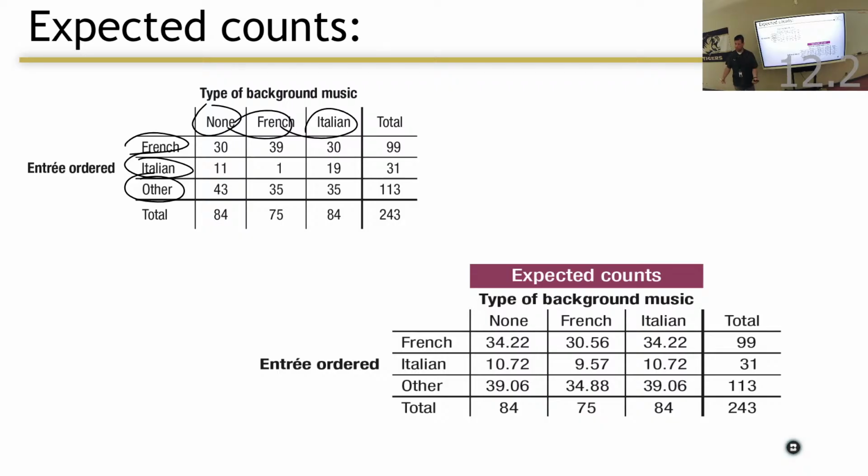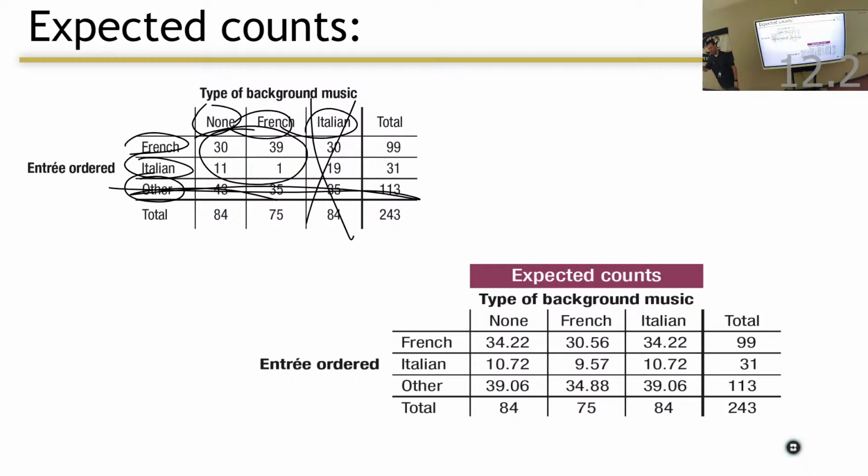A teacher one time showed me that some students just like to cover up the last row and the last column and count how many cells are left. So cover this up, and there's 4 cells left. I don't care how you get it, but you just got to know what the DF is.